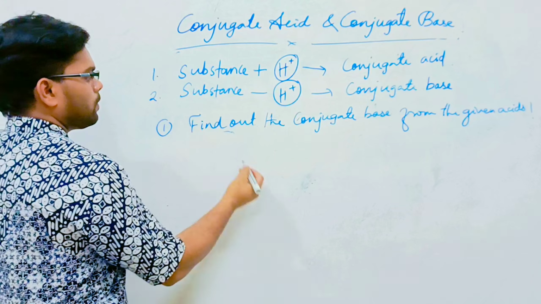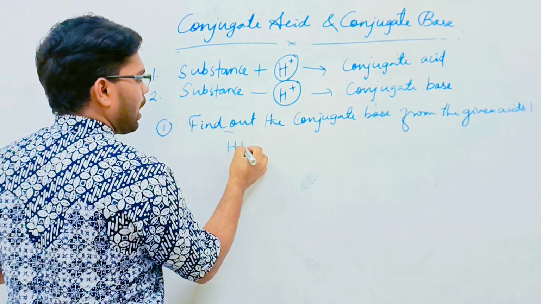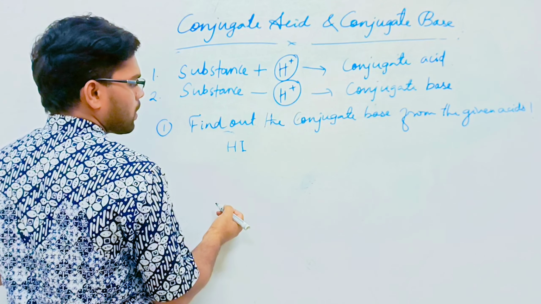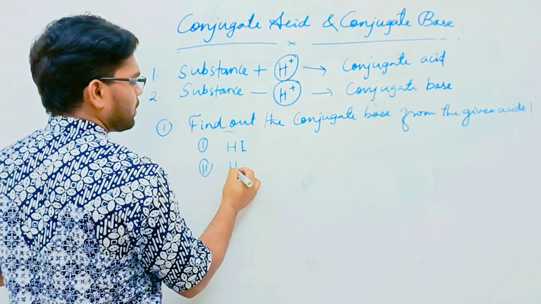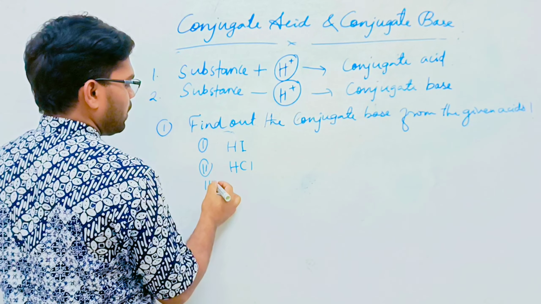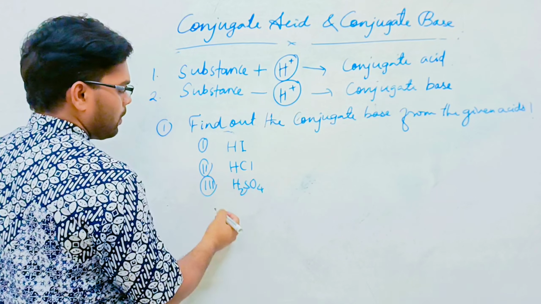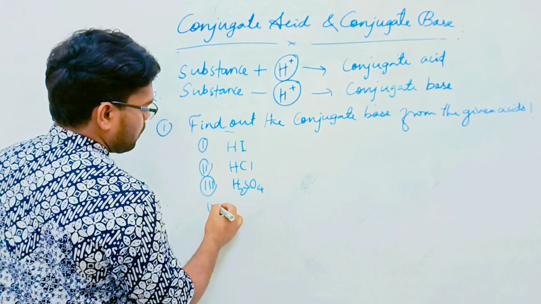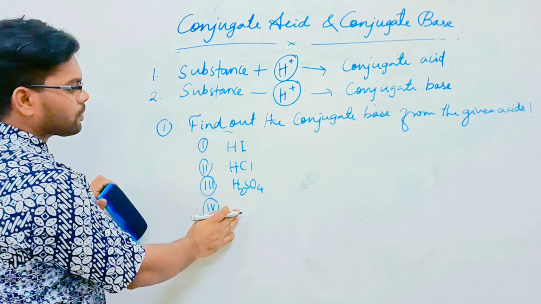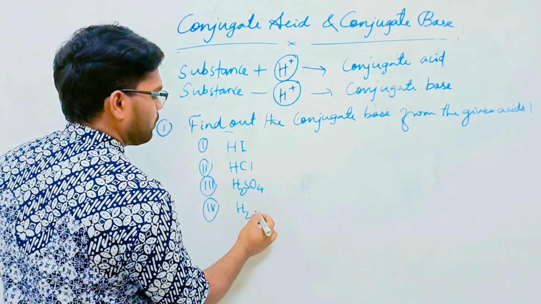Okay, so first let's say the substance given is HI. Okay, this is the first example. Second example, let's say HCl. Third example, let's say sulfuric acid, H2SO4. Fourth example, you can take water.